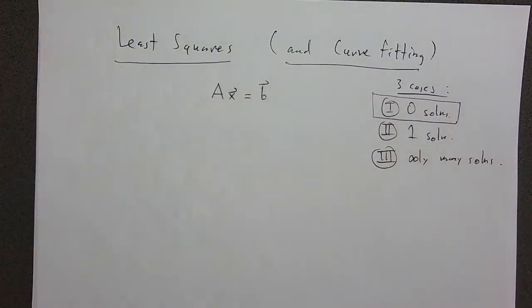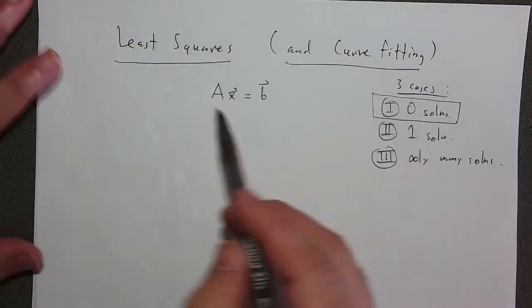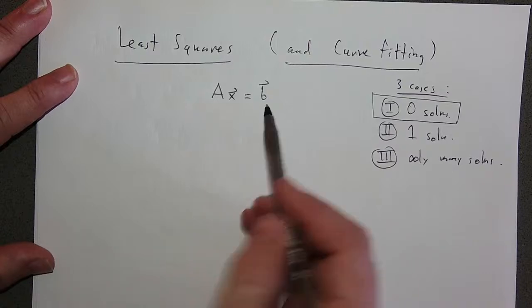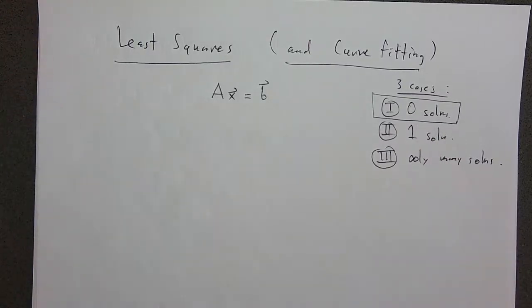The name of the course is Applications of Linear Algebra, so we're doing some kind of application problem, which means that we have a slightly different motivation. In the purely theoretical sense, if we have an equation Ax = b and it doesn't have a solution, well, then it doesn't have a solution.